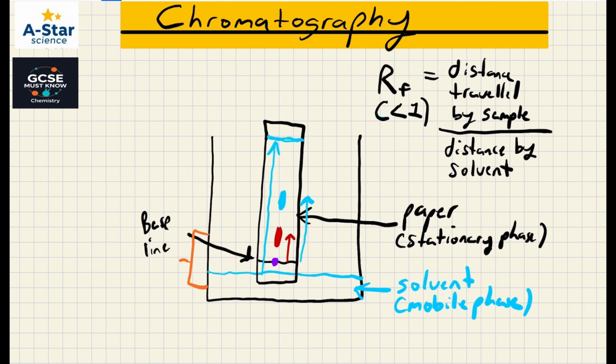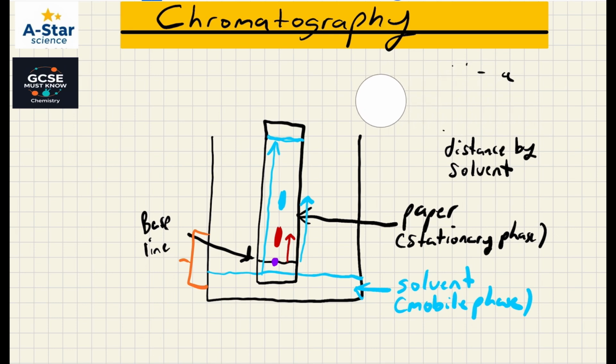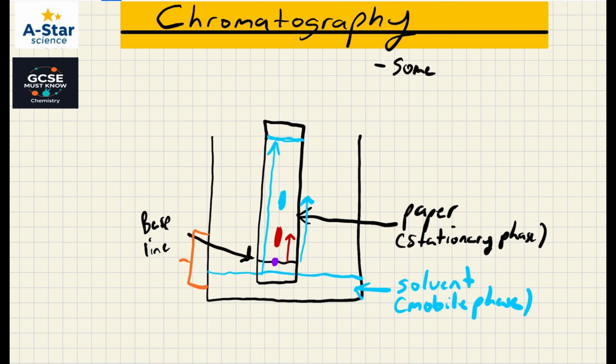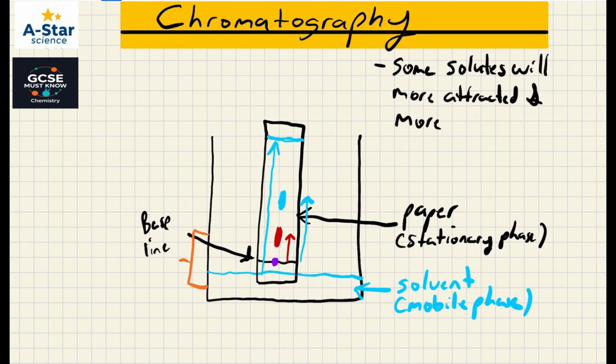Now let's look at why chromatography actually works. The key to why it works is that the colors will separate because some solutes, meaning those things that are dissolved, will be more attracted and more soluble in the solvent.